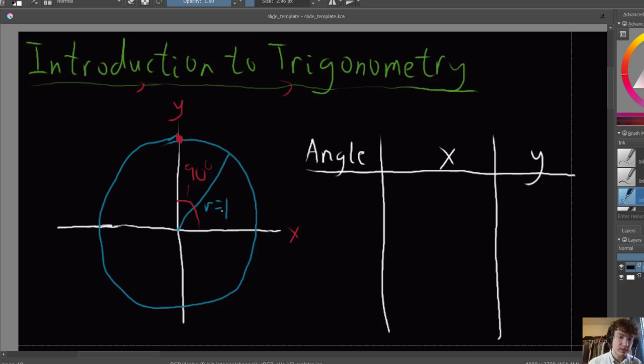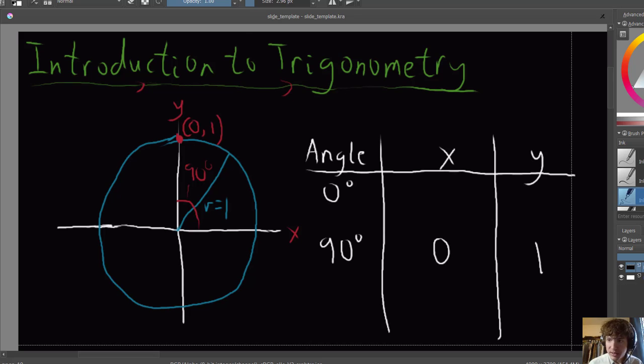And that angle of 90 degrees determines a point whose x, y coordinates are 0, 1, since it's right at the top of the circle. So I'm going to start putting that in our table. I'll come back to 0 degrees in a moment, and then put 90 degrees here. So the angle of 90 degrees hits the point which has x coordinate 0 and y coordinate 1.